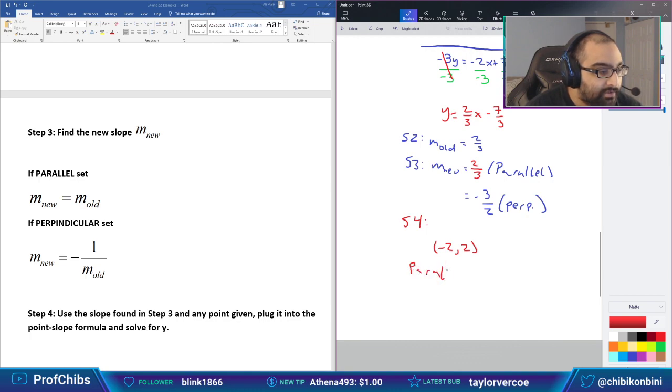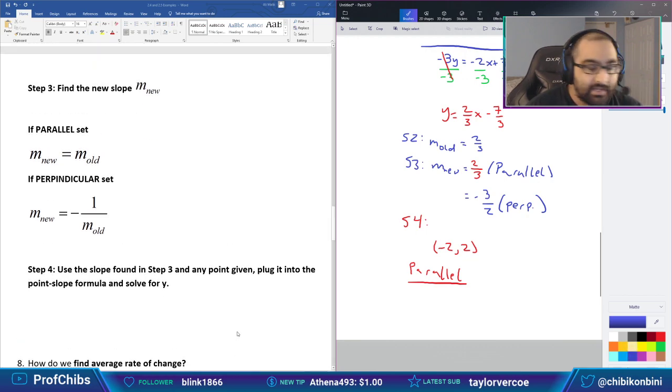Let's take a look at the parallel case first. What was the point slope formula? I don't remember. Anybody, give me a refresher. What's the point slope formula here?